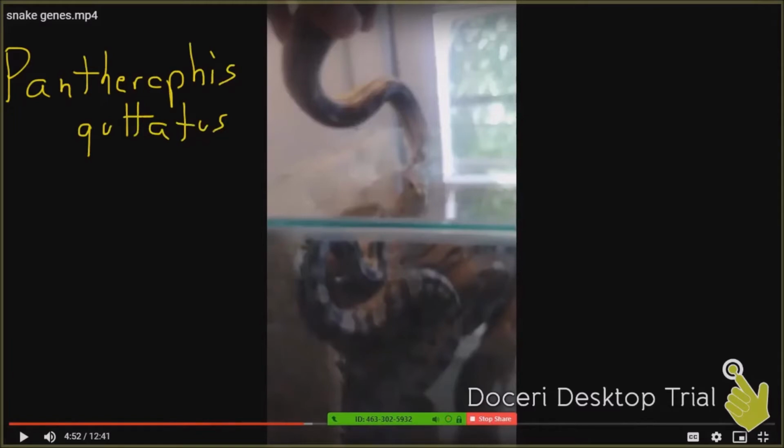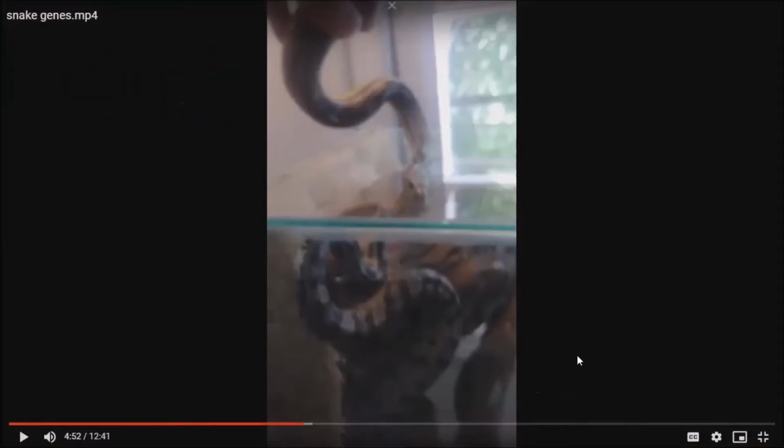So as I was saying, these particular snakes are Pantherophis guttatus. Another common name for a corn snake is a red rat snake.